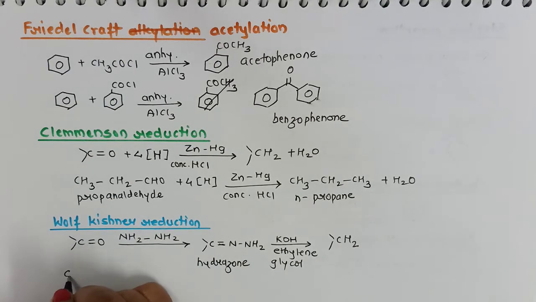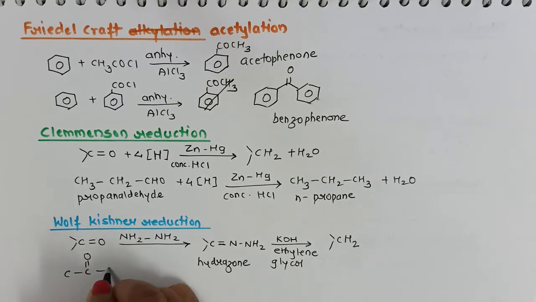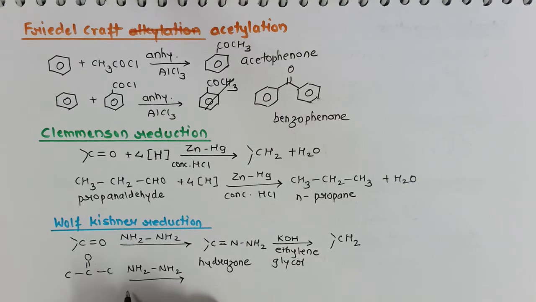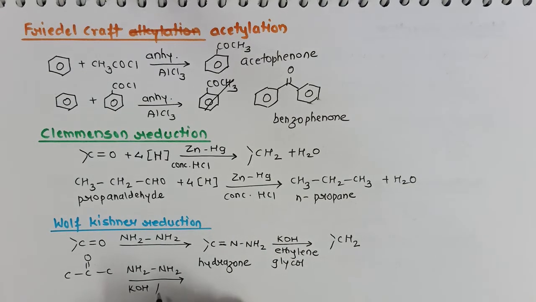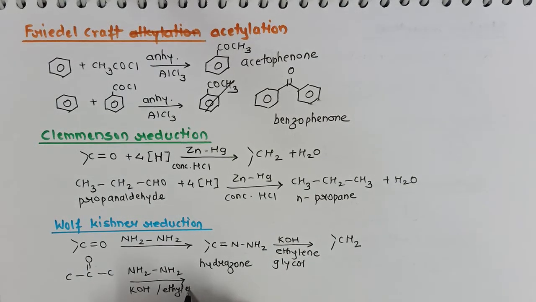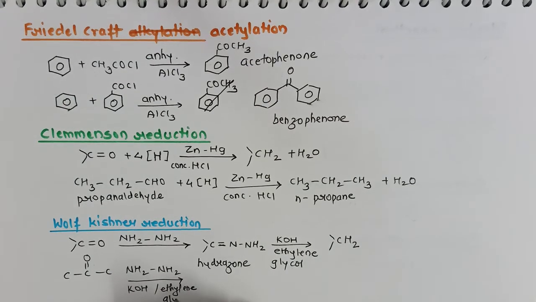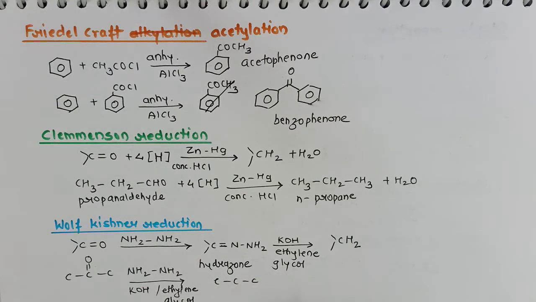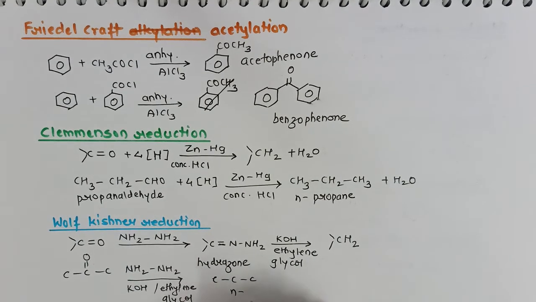For example, acetone on treatment with hydrazine and followed by treatment with ethylene glycol and KOH will give corresponding alkane, that is we will get here n-propane.